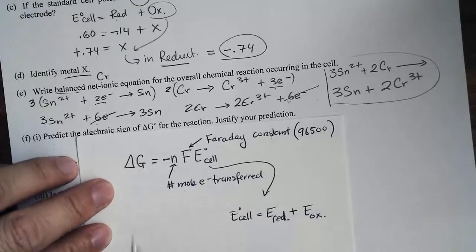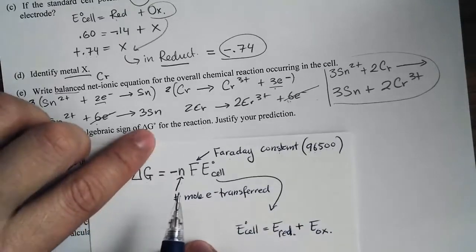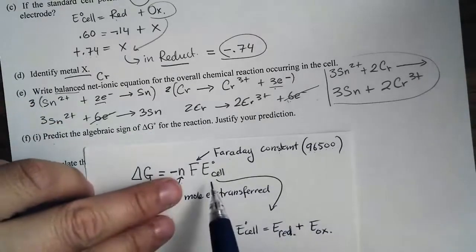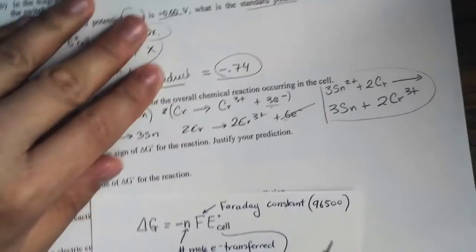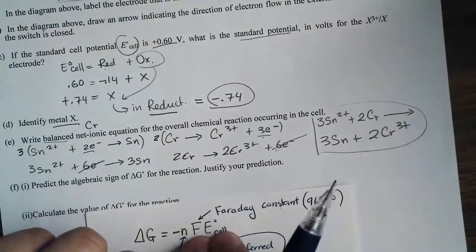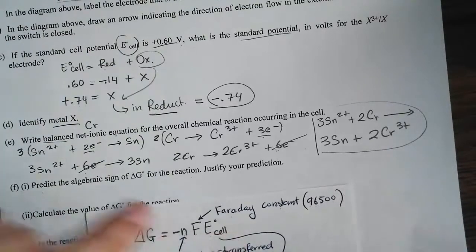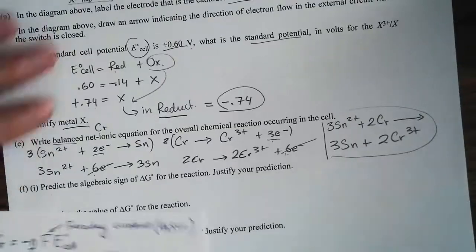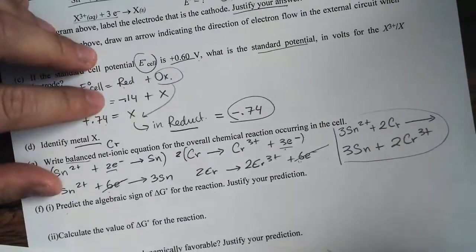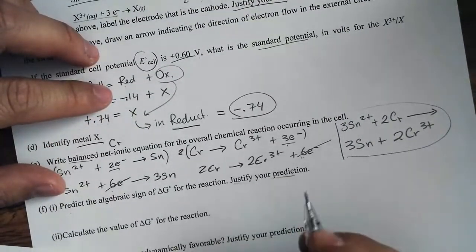But more importantly, if we just look for the sign of delta G, all we have to do is look for the sign of E cell. And it's given that E cell is positive. We take a positive times a negative. What's that going to give us? Of course, it's going to give us a negative. So that's pretty easy. We don't have to do any fancy problem, but it asks us to justify the prediction.